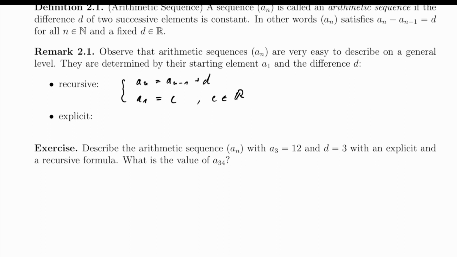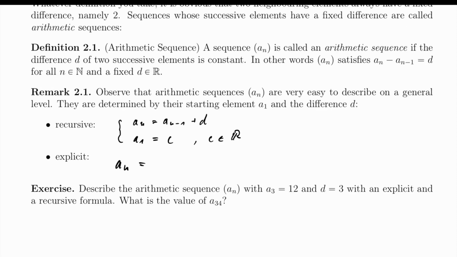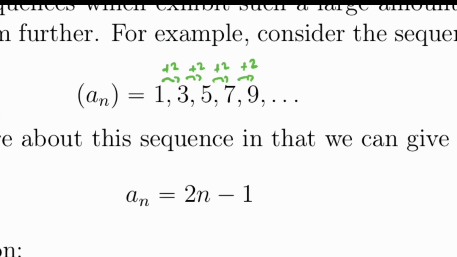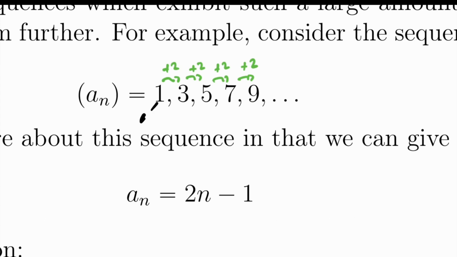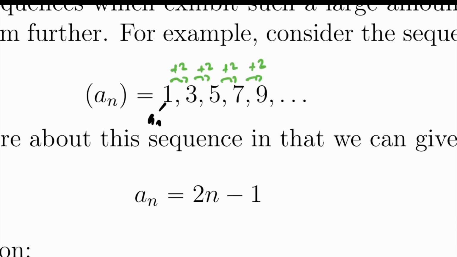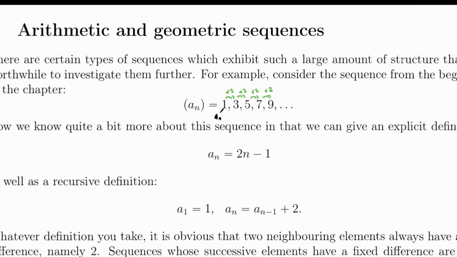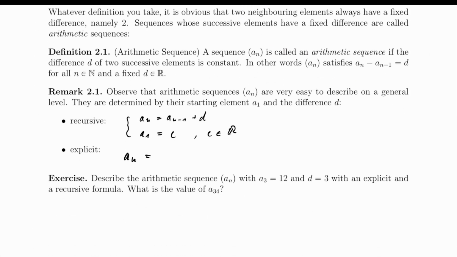And then the explicit one, a_n is, now careful, the same pattern as before. You start at a_1 and then you add the difference d, but if you want to land at a_n somewhere down the road, you add the difference n minus 1 times. So here the formula was a_1 plus n minus 1 times d.